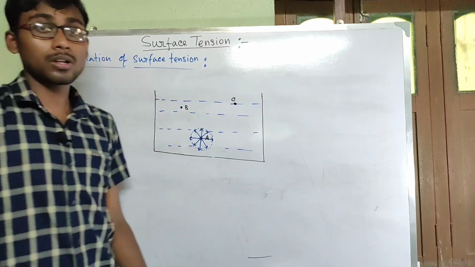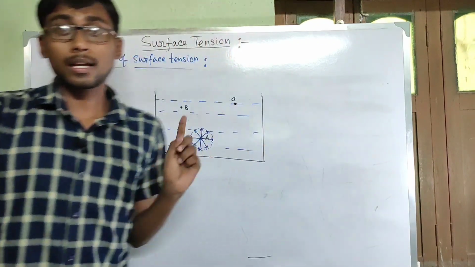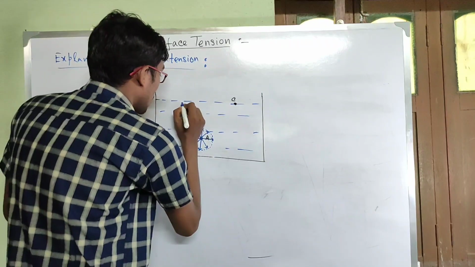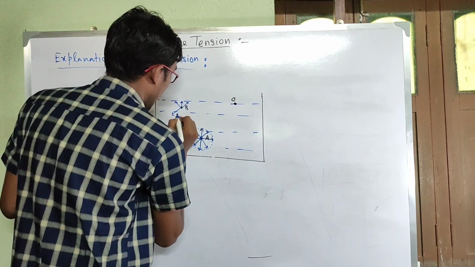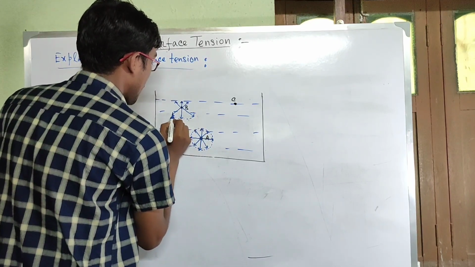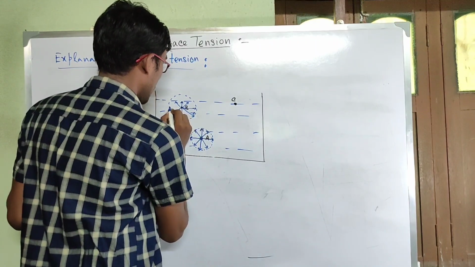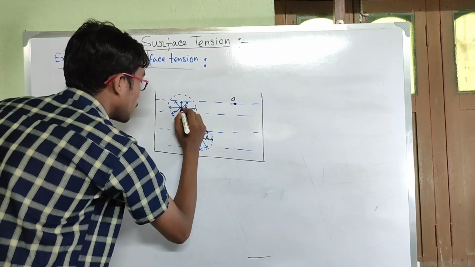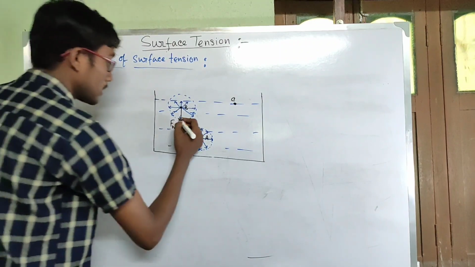So it is not attracted equally in all directions, and there is a resultant force, a net force F net, acting in the downward direction.